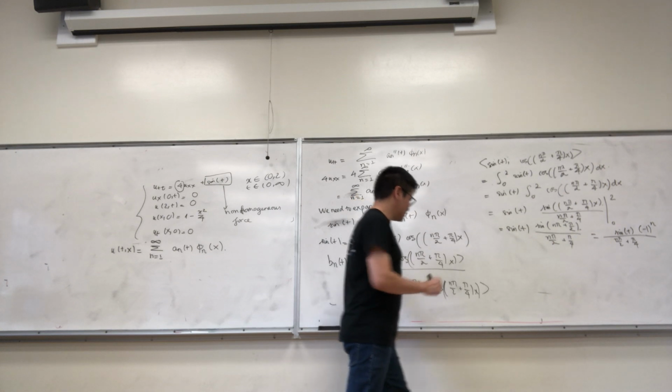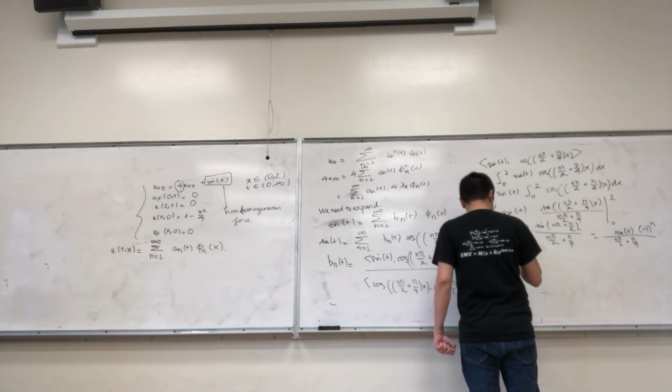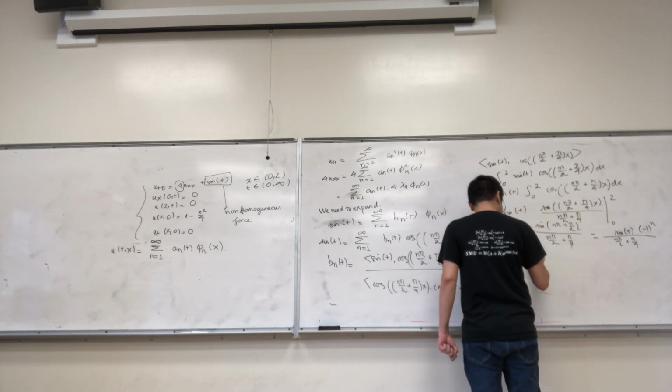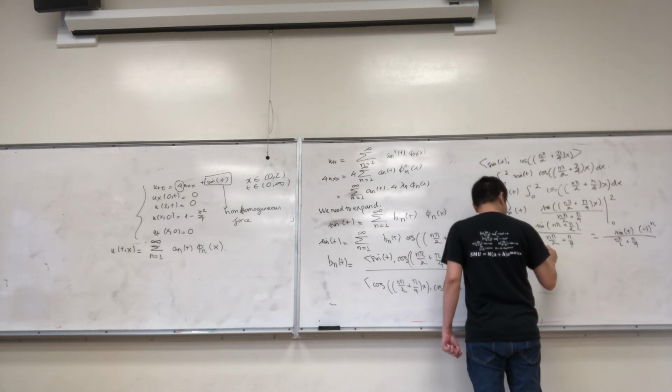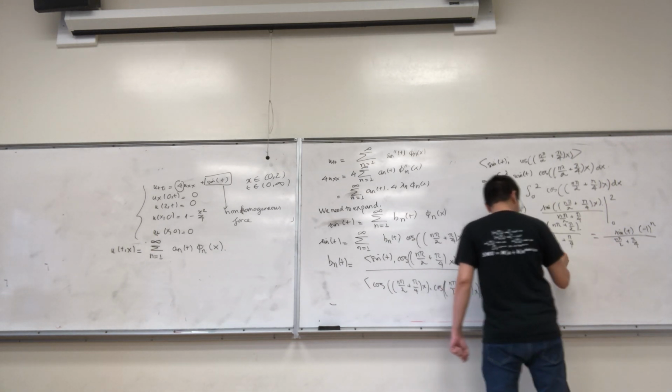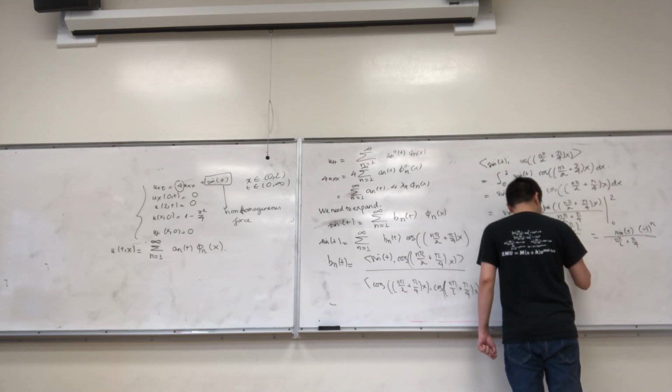Now, for the second integral, I have to compute the norm of cosine of (n pi over 2 plus pi over 4) x.